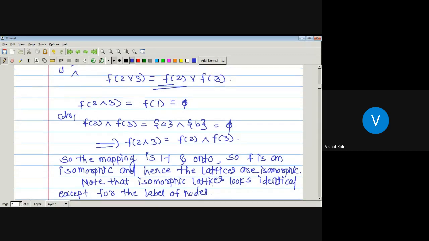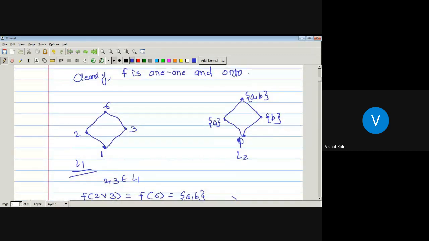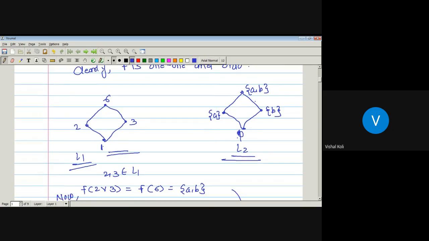See here, these are the two lattices having Hasse diagrams are this one. Okay, so these two Hasse diagrams look like same. There is difference in only the labeling of these vertices. Instead of 1 we have taken 5, instead of 2 we have taken singleton A, instead of 3 singleton B, and 6 is replaced by doubleton AB.